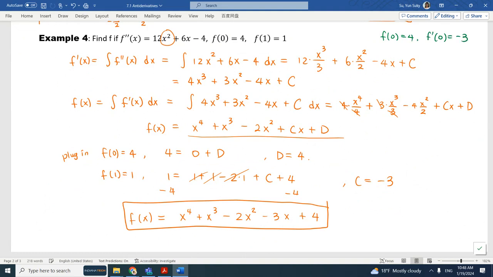If you get something like that, you plug in f of 0 is 4 in the f, then this is f prime. So you plug this in your f prime. In this case, you find the c to continue to get to the f, and then you plug in your f of 0 equals 4 to find the d.